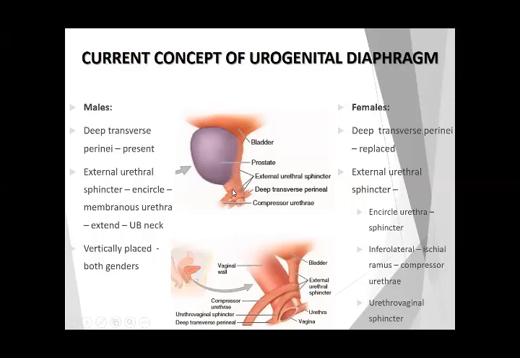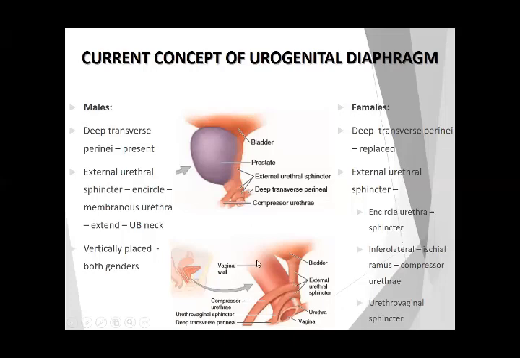But then these fibers, they in the males, they extend as far as the bladder neck. Okay? Anteriorly, they are replaced by the prostate, but posteriorly, they do exist. So that is why now it becomes a more three-dimensional structure. So ये flat नहीं रहा. They are vertically placed, both the genders.